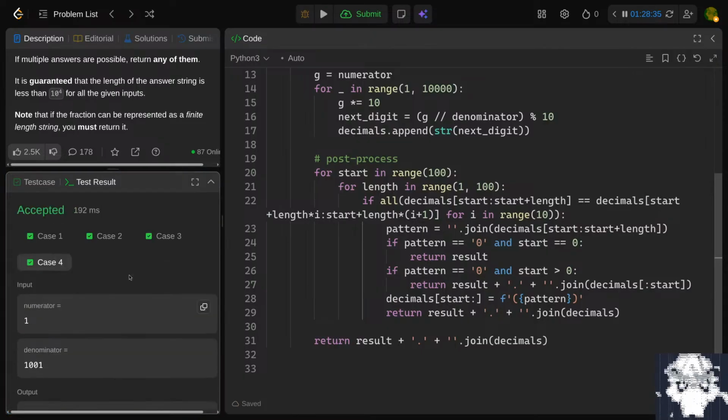Okay. All right, we're gonna submit it. This is an insane way to do it, and I think you could come up with examples where we'll fail. So let's see where we fail.